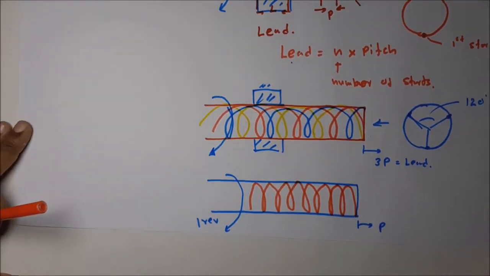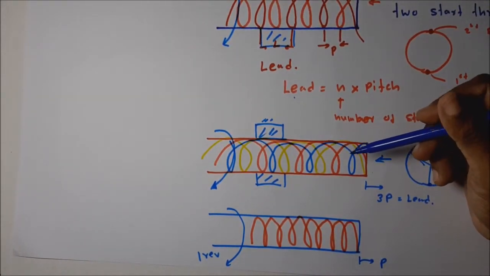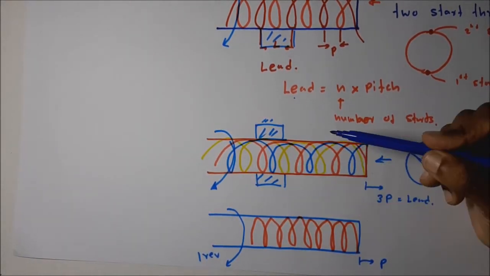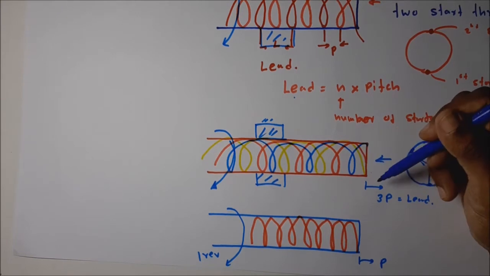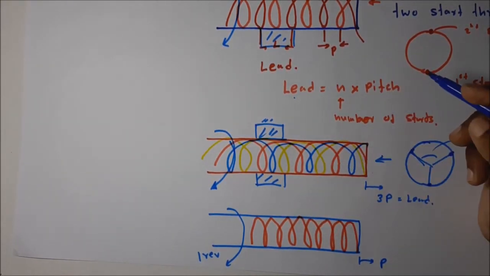Then what is the difference between these three? You can see if we increase the number of starts, we can get more extension per fewer revolutions. In situations where we need more extension with fewer revolutions, we use the multi-star thread.